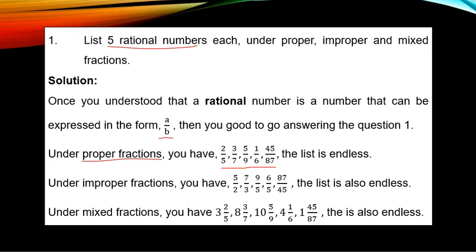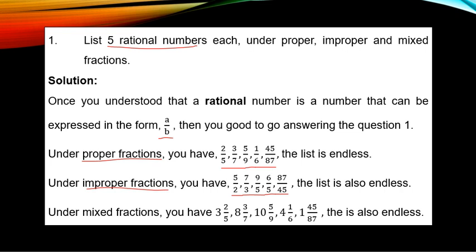The list is endless. Then under improper fractions, these are the type of fractions such that the numerator is always larger or greater than the denominator. So you have 5 over 2, 7 over 3, 9 over 5, 6 over 5, 87 over 45.